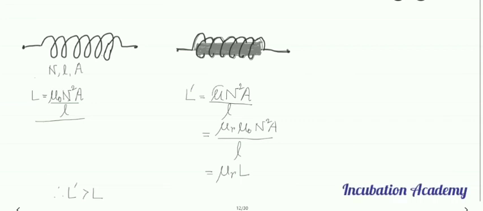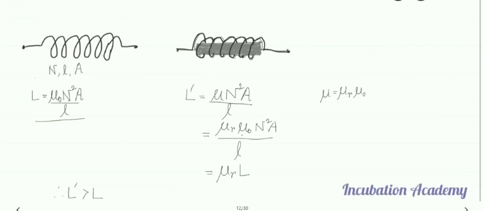Capital N is the total number of turns, capital A is the cross sectional area, and small l is the length. You know that mu can be written as the product of the relative magnetic permeability multiplied by the free space magnetic permeability. So I am placing it here.